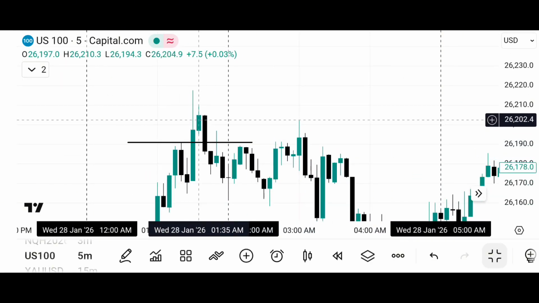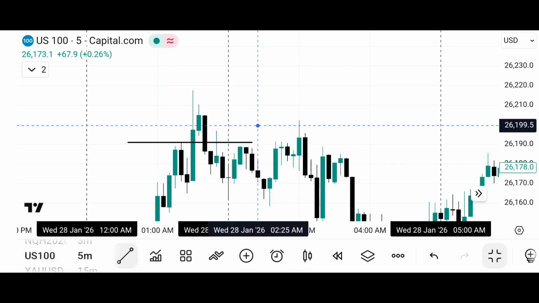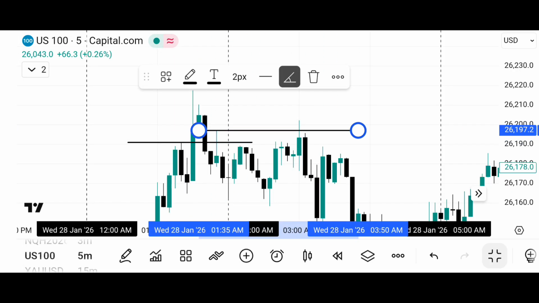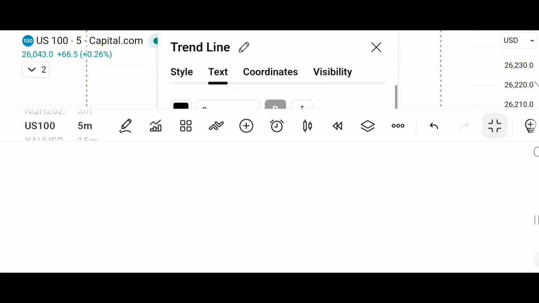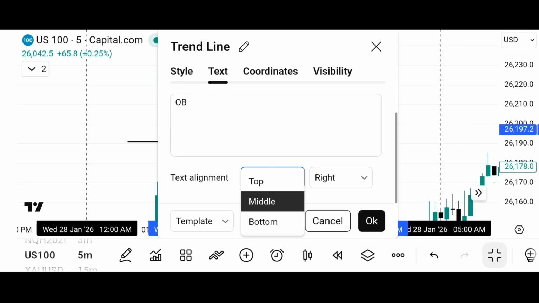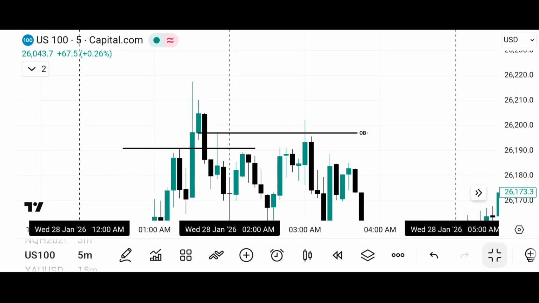So this up close candle right here, followed by this consecutive down close candle. So this is actually an order block. So I'm going to take it as OB.